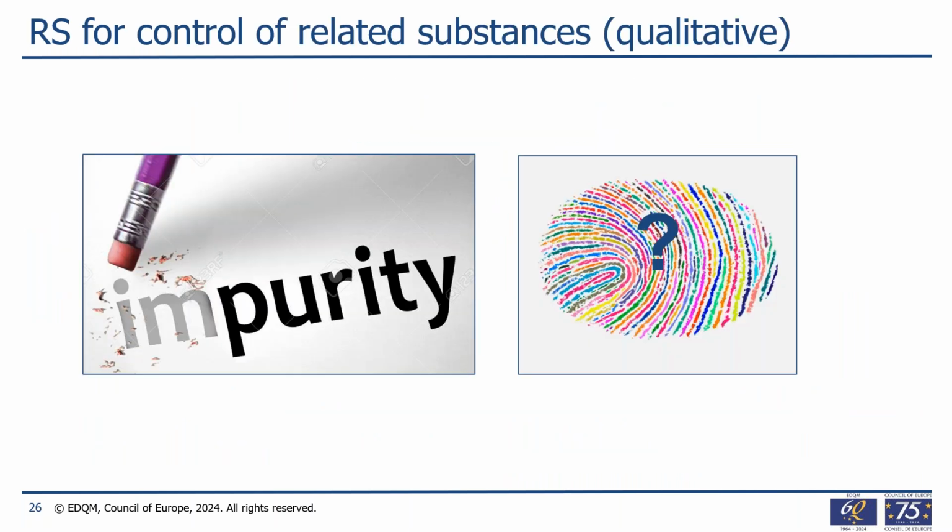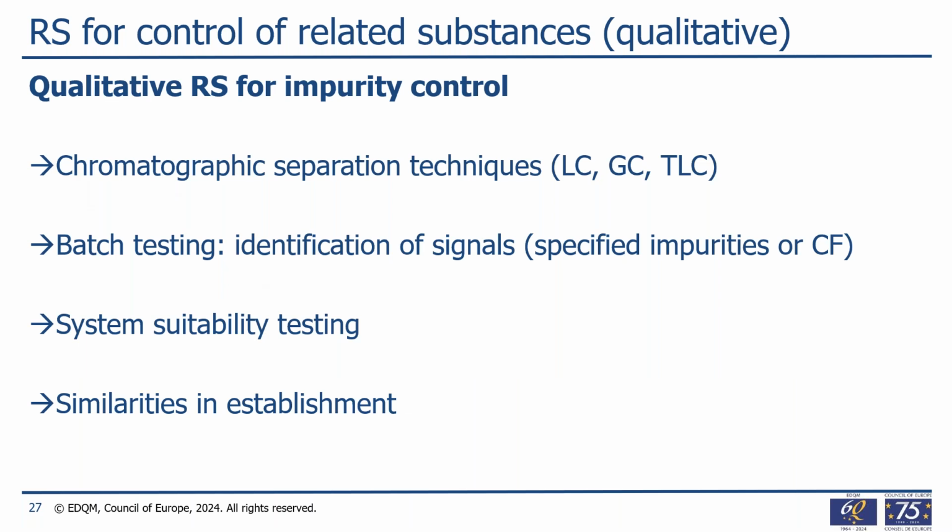Then we move over to the substances which are not subject of a monograph, so the impurities, starting with those for qualitative purposes. They're mostly used in the chromatographic separation techniques, LC, GC or TLC. And they can be used for 2 very distinct purposes.